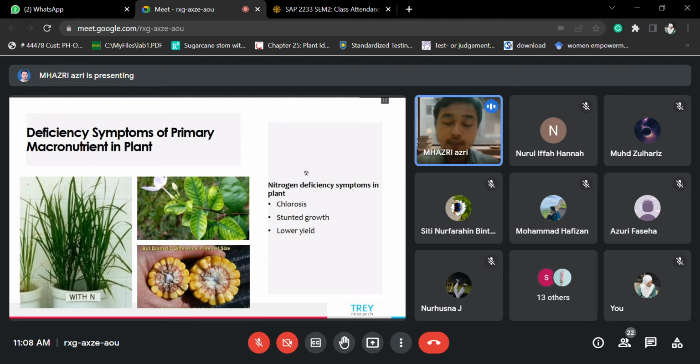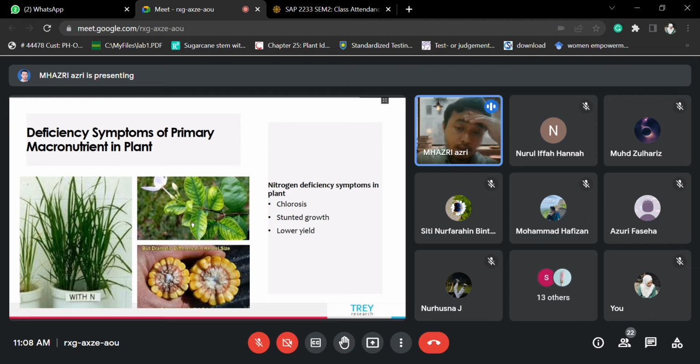If the organ involved is the older part, okay. So this is, this is not nitrogen deficiency symptoms, the picture that I showed. Why? For nitrogen deficiency symptoms, the chlorosis will appear on all the leaves.